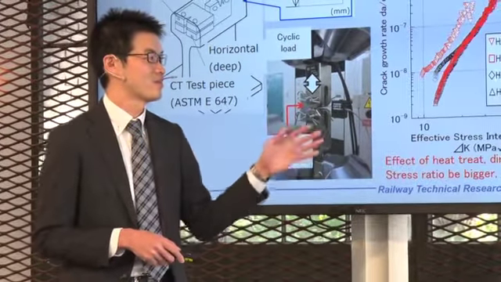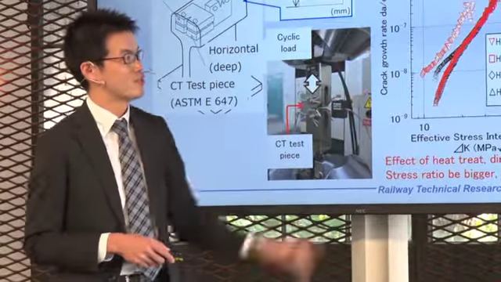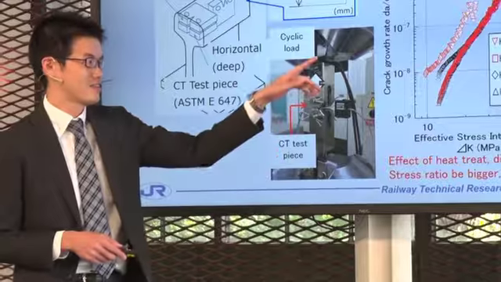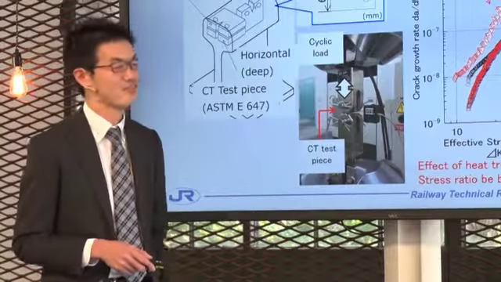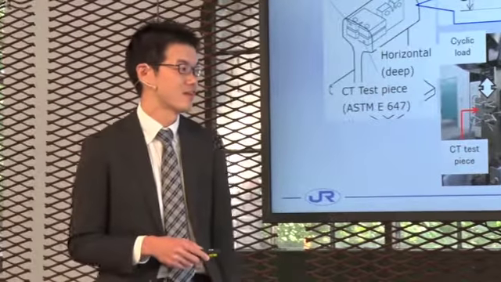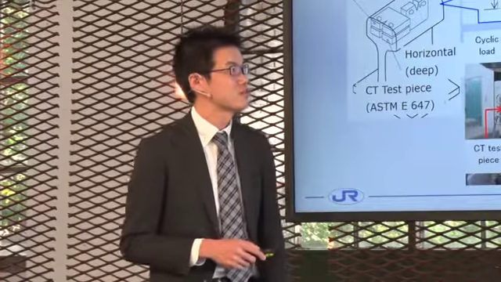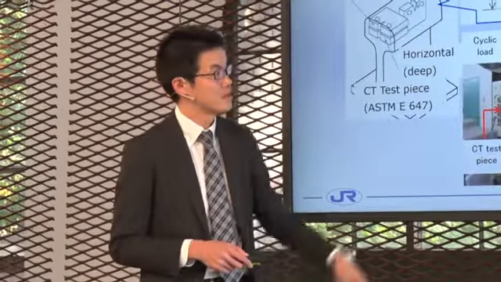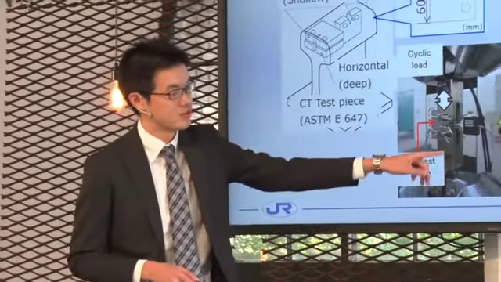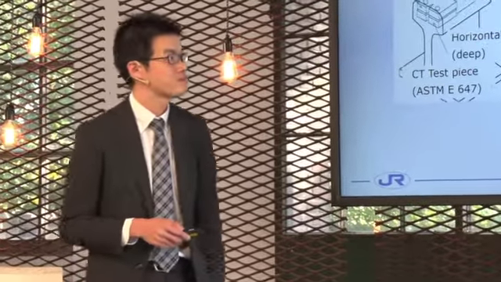So if we look at stress ratio 0.1, the tests show almost the same tendency. It means the effects of heat treatment, direction and depth are small. And if we look at stress ratio 0.5, it means that as the stress ratio gets bigger, the propagation rate gets higher.